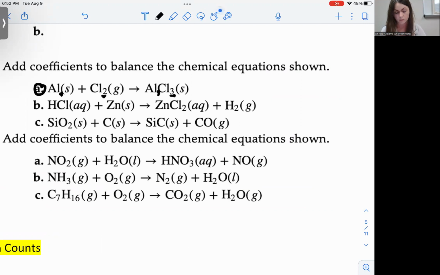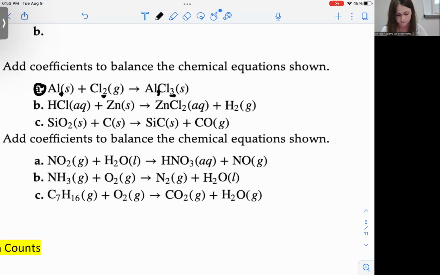No, we're not balanced. So a trick that you can use, you can look, and if there is some sort of common factor that you can use, that these are both multiples of 6. Okay, so you can swap these subscripts for coefficients.